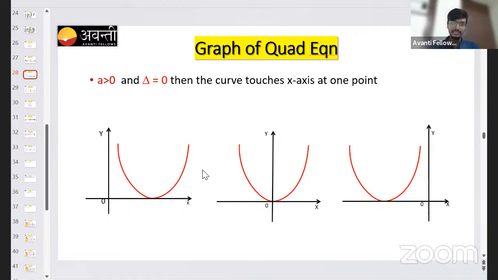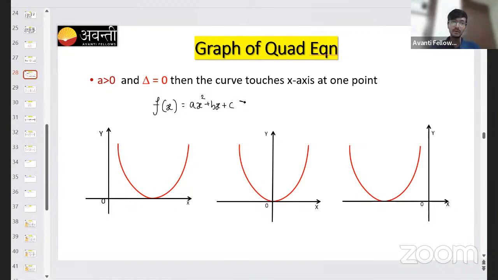One more thing I need to add here. The function f of x, which is the quadratic expression ax square plus bx plus c, will always lie above the x-axis or it will touch it.